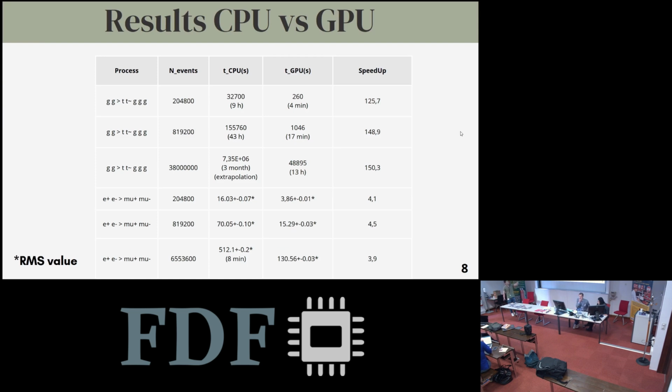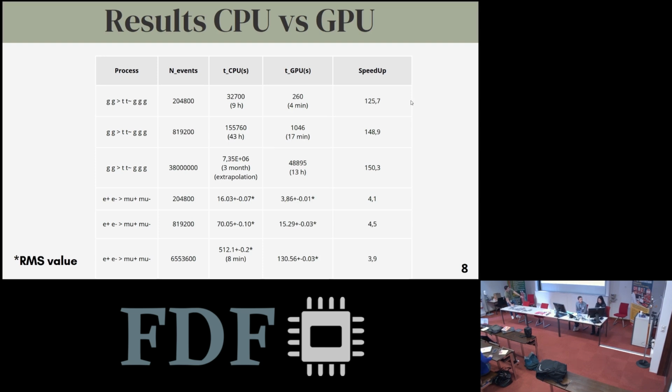Comparing the results for a simple process, I obtain a speedup of around four times, but for a complex process, the speedup is around 120 times for a reduced number of events.